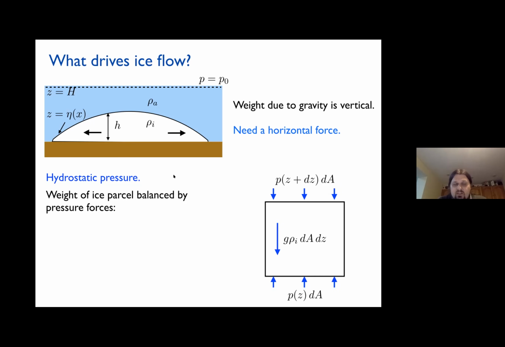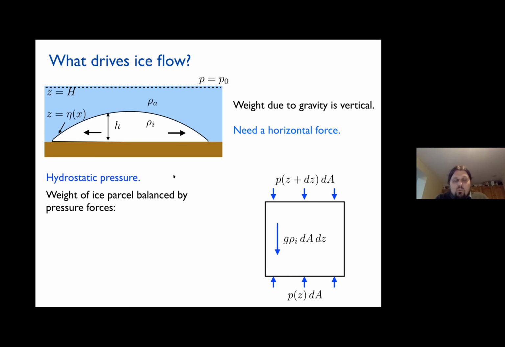Some of you may have seen this argument in courses about calculating hydrostatic pressure. If you haven't, the basic idea is, you're hopefully familiar with the concept of pressure. It's basically giving you a force per unit area, and it's something that acts isotropically. So if you've got constant pressure, you basically get an isotropic force in all directions.